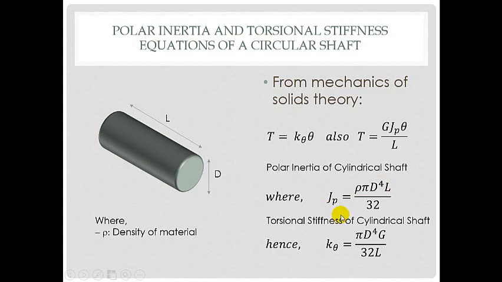Similarly, with the torsional stiffness, if you increase the length of your shaft, then you're going to drop the torsional stiffness. But if you increase the diameter of the shaft, then you can significantly raise the torsional stiffness of the shaft. And I'll explain in some of the further modules why this is important.